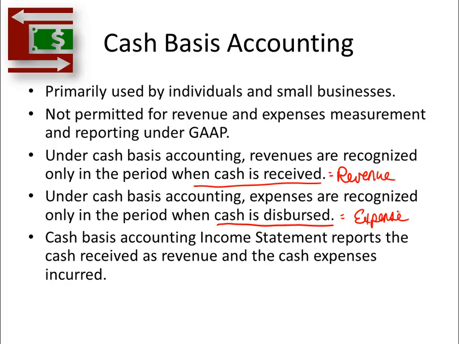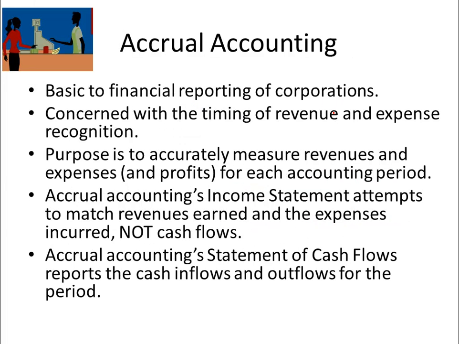So cash basis is just for individuals and small businesses. The alternative to this, or the other option, is accrual accounting. And accrual accounting is what is used for any large business or corporation.